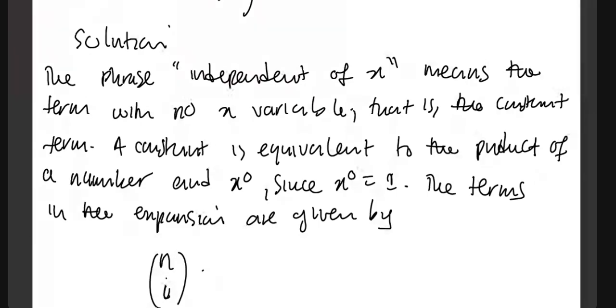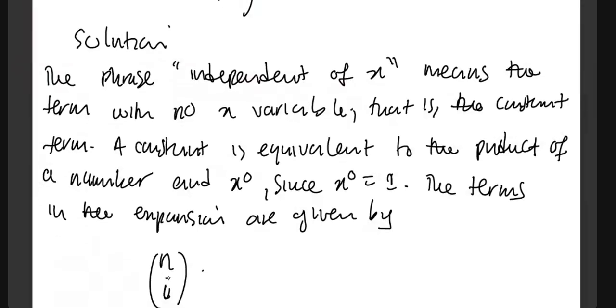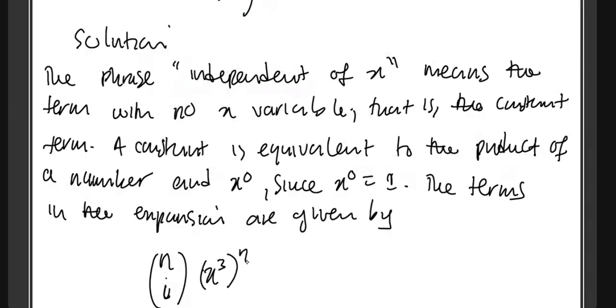Let's write n choose I, then x to the power 3 to the n minus I, then negative 1 over x squared raised to the power I.